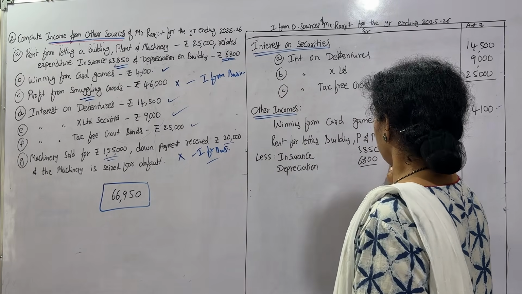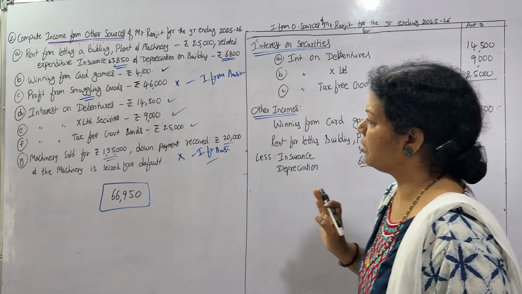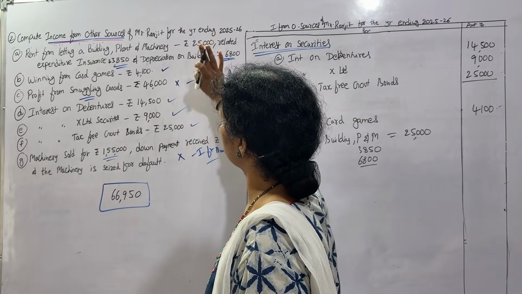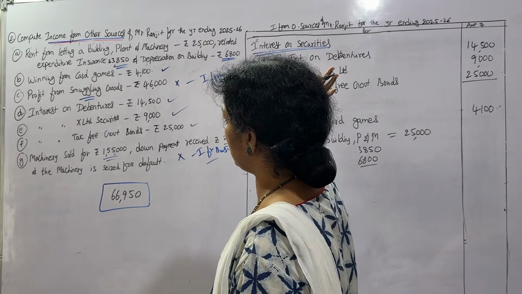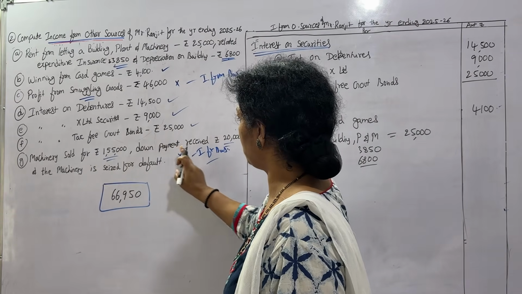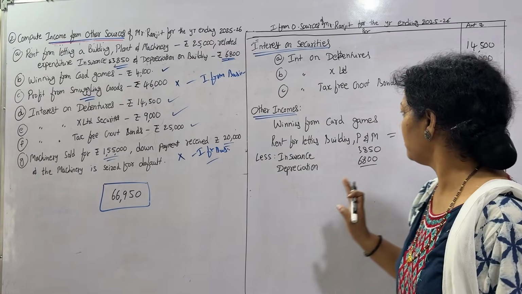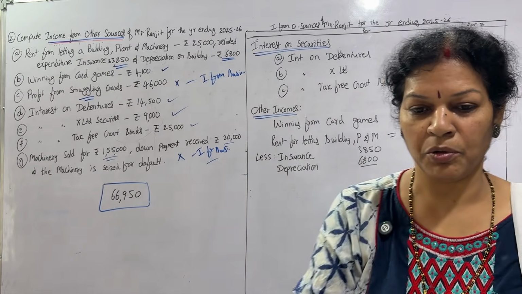We'll do these calculations. Next, anything we forgot? Winning lottery is over. Smuggling goods we don't consider. These three we have taken. Next, machinery sold is also income from business. Nothing to write. Only these are the transactions. We'll do the calculations.